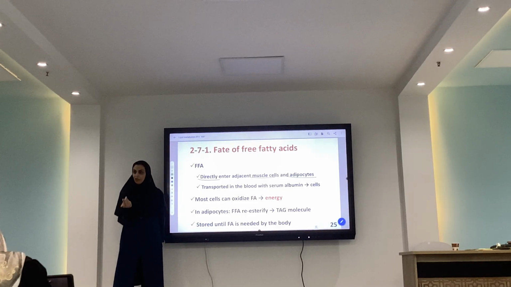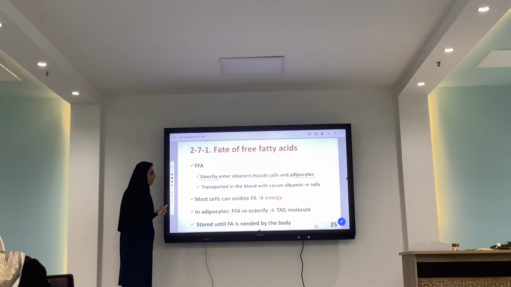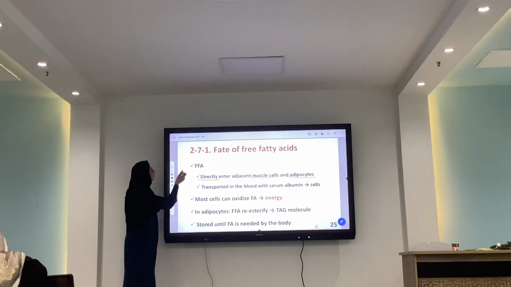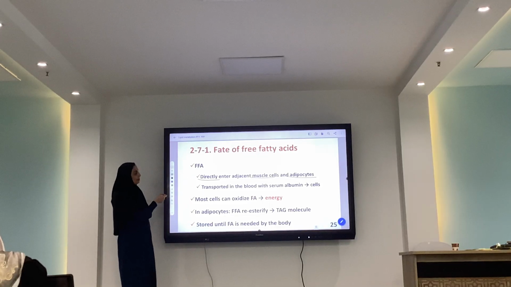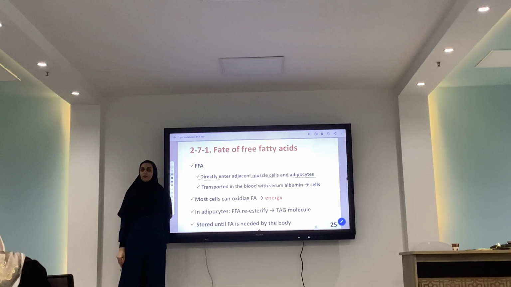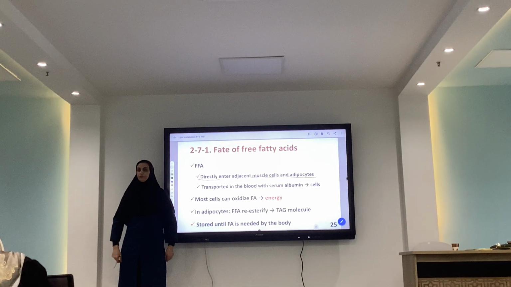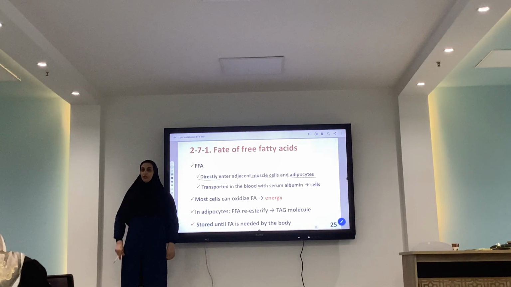Am I right? Do you know about the structure of cell membranes? Yes. They are lipids. Okay? And they enter the cells freely, without this cycle that we studied previously. The free fatty acid enters the cell directly without this cycle that we studied previously.